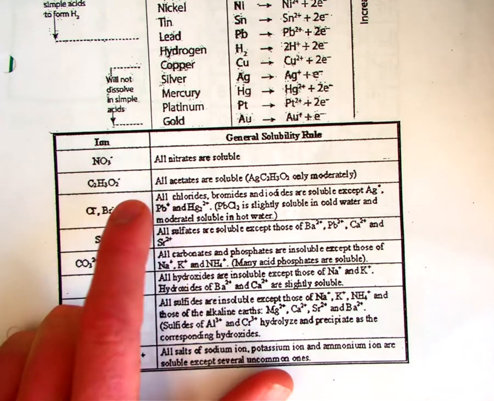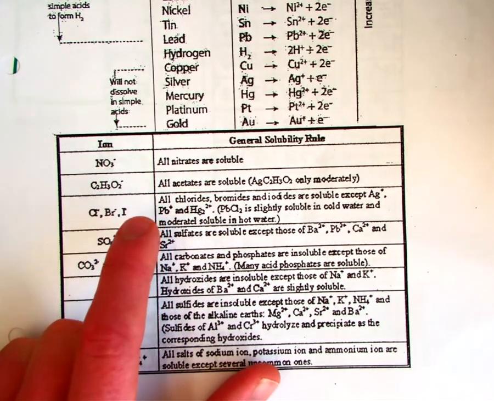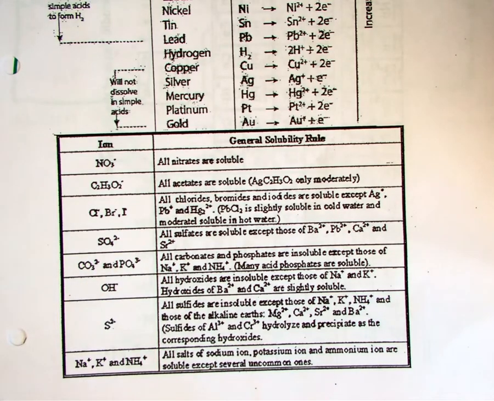Now, with most of these rules, there are a few exceptions, and solubility is on a sliding scale. So for our purposes, we're just going to concern ourselves with general atmospheric conditions and not consider any other external factors that could affect the ability for something to dissolve.